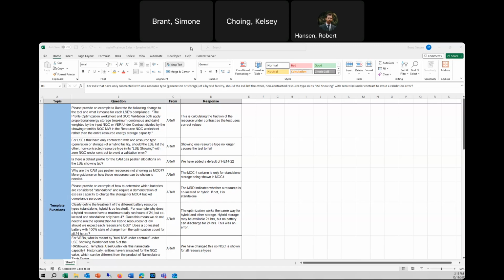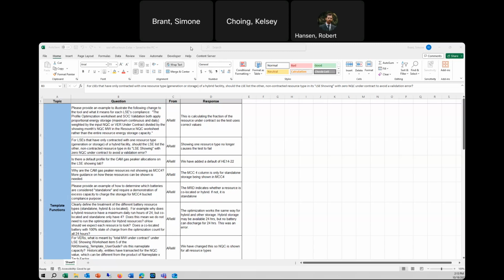And aside from storage resources, the template just ignores that column. So it's not a problem if peakers or CAM peakers are listed as MCC4, the template isn't going to do anything with that information. Just take care to fill out the storage resources for that column correctly.